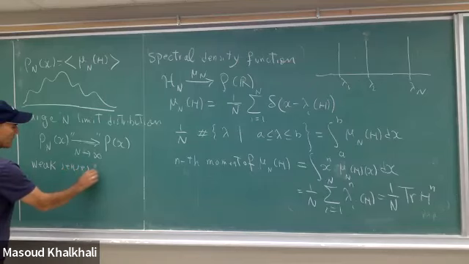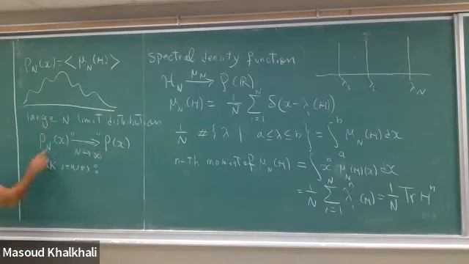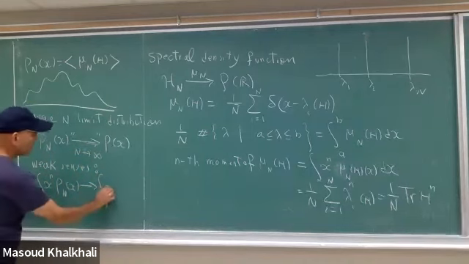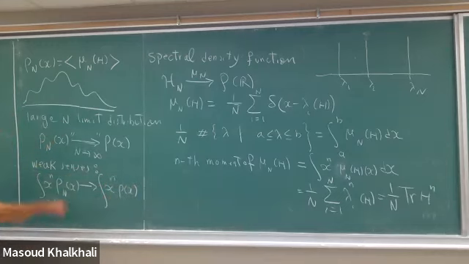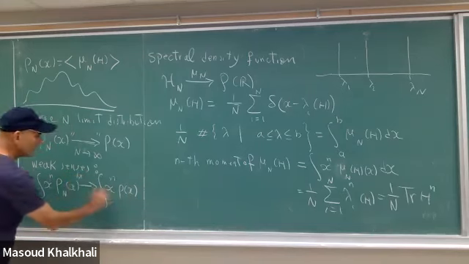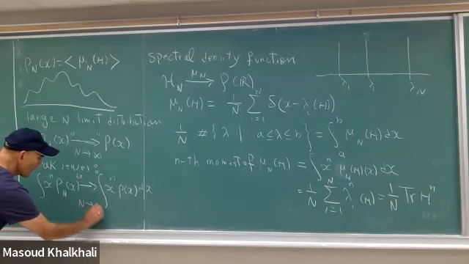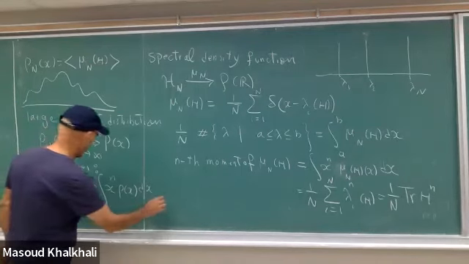You can say, for example, that moments of this converge to moments of this. So, for example, the nth moment here converges to the nth moment here on the right-hand side, as N goes to infinity. I dropped the x, maybe I should put it. Now, this is a very well-defined object because this is a number, and this is a sequence of numbers converging to this number for all n.